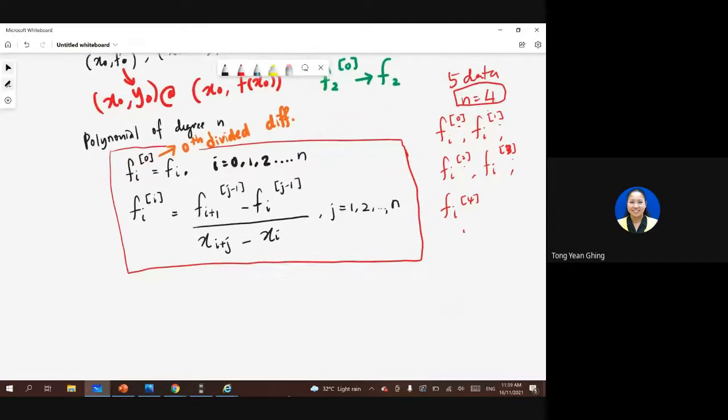Okay, so after we find these divided differences, this one is the divided difference, this is f.